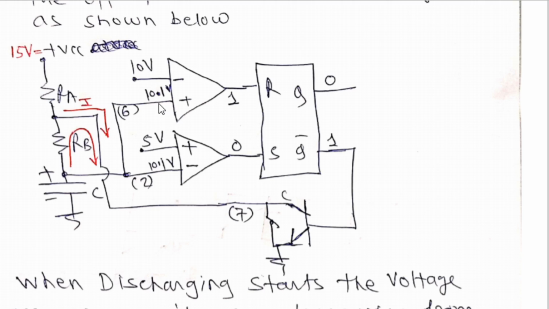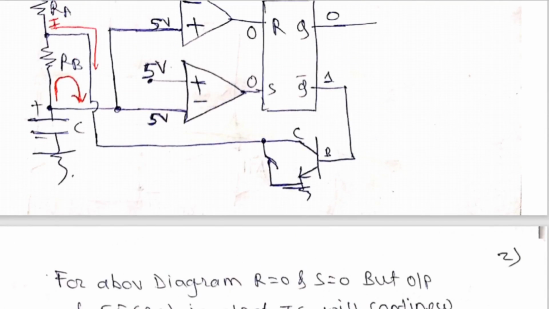It will go below 10.1 volt and it may become 9 volt, it may become 8 volt, it may become 7 volt, and like that. As soon as this voltage goes below 10 volt, then what happens? Let us see in the next picture, so you will understand that.